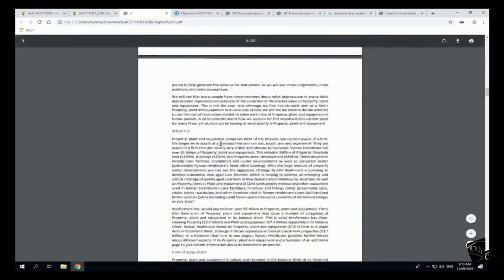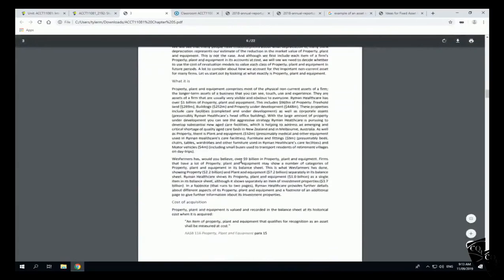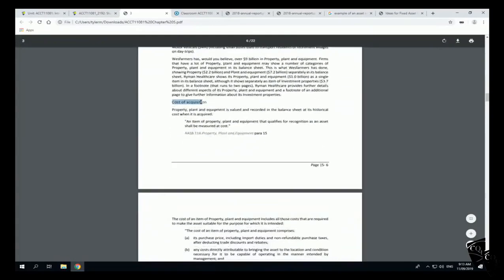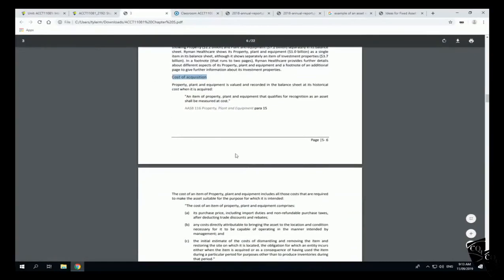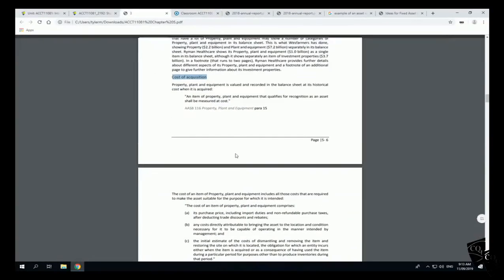So there's a nice introduction about what is property, plant and equipment, and then the cost of acquisition. Property, plant and equipment comprises these three attributes when we record it onto our financial statements.